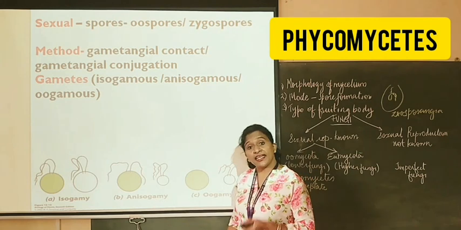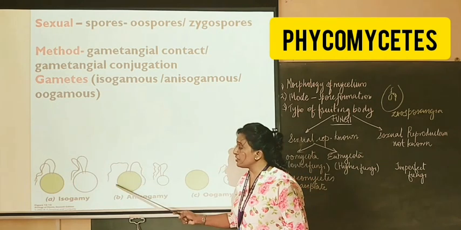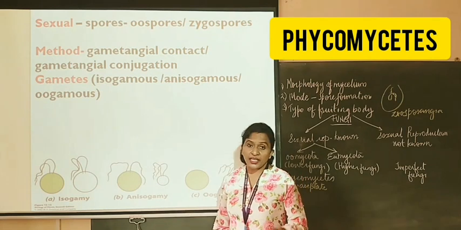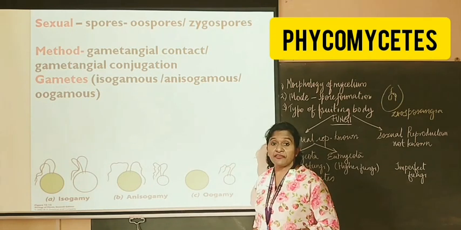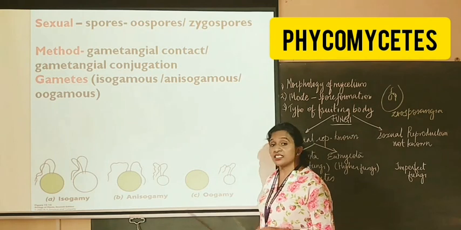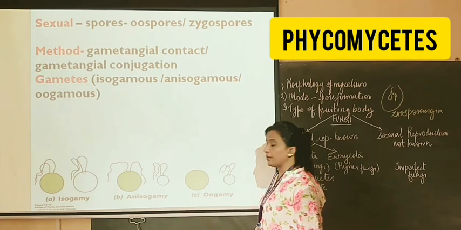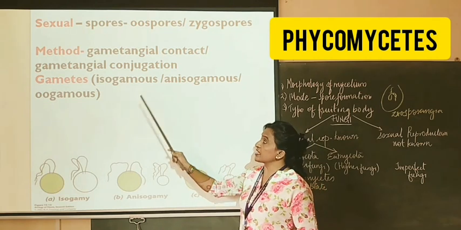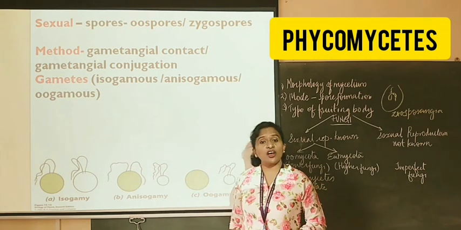They can be anisogamous, wherein the female gamete is larger in size compared to the male gamete, and oogamy, wherein the female gamete is very much bigger in size compared to the male gamete. So the gametes can be isogamous, anisogamous or oogamous.